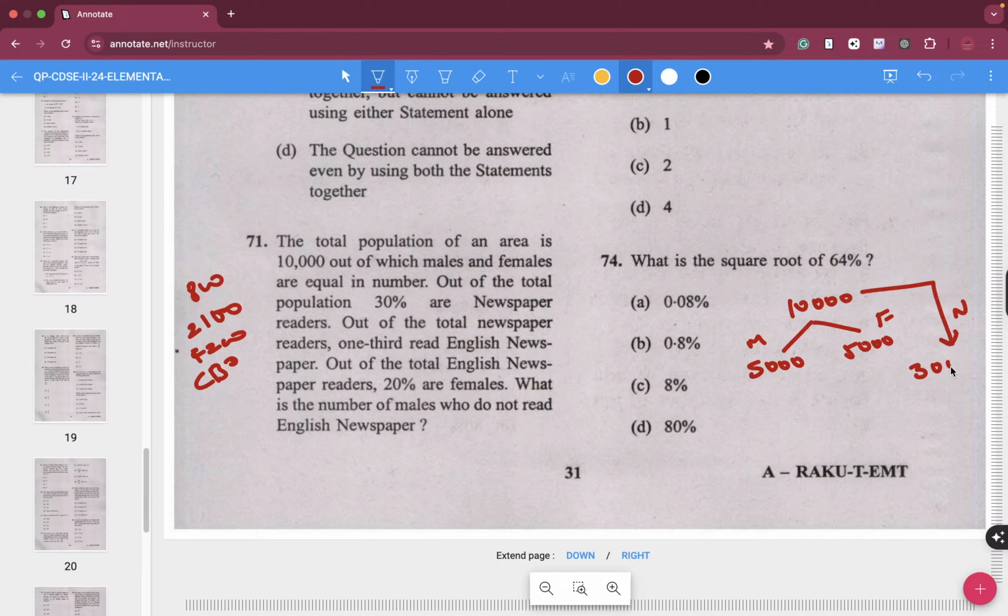Extremely easy, this one. Tell me. Two of you are here, but I don't see much of an answer in your chat. Anyway, what is question number 73?